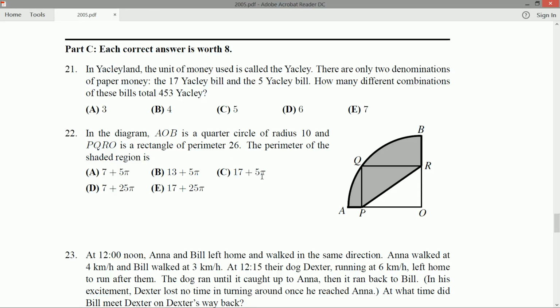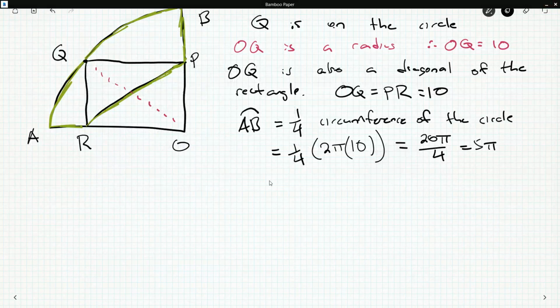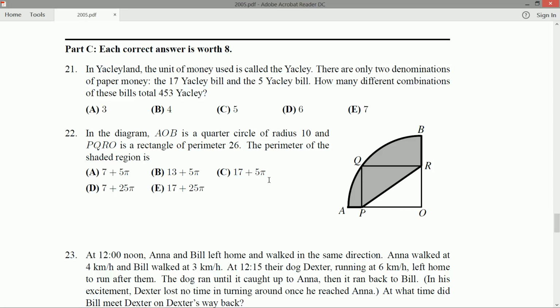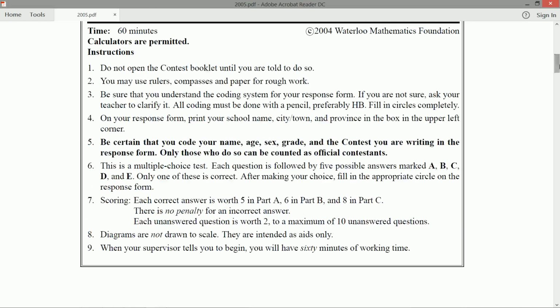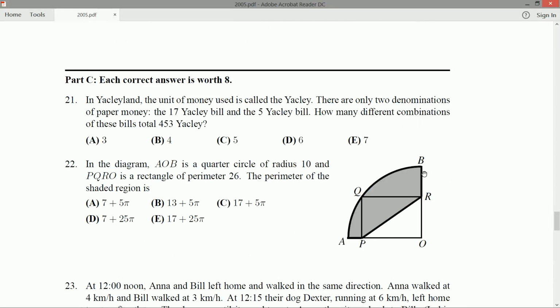We need to figure out a way to get AP and BR. Right now it looks like it's 10 plus 5 pi, so we're going to add a little bit more on. I think the answer is either going to be B or C. I feel like it's going to be C, just because, based on the picture, AP and BR look roughly the same size as PR. So I don't think they're as small as 3. Then again, one must always remember the diagrams are not drawn to scale, so I can't say that's my proof.